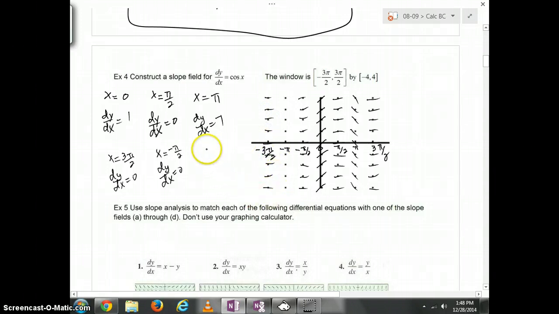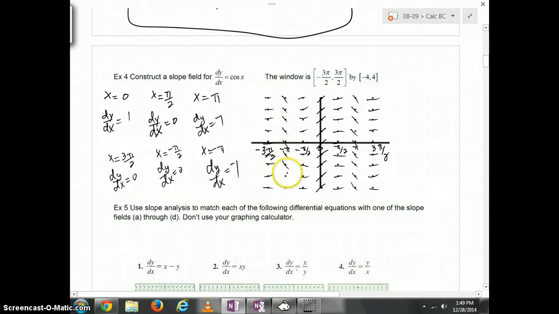And what about at negative pi? Well, on the unit circle, negative pi would be coterminal with positive pi. So if we were plugging in negative pi, dy/dx, cosine of negative pi, would actually equal -1. So we have negative tangent line slopes that would look like so.